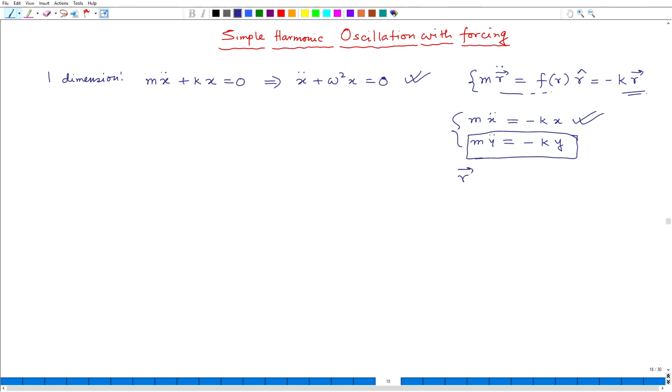So what will r be? r will simply be x(t) x cap plus y(t) y cap. That is mainly the strategy, and then from that you can calculate r dot. So, this is the bigger picture for solving the motion in classical mechanics. Now, coming back to this one.